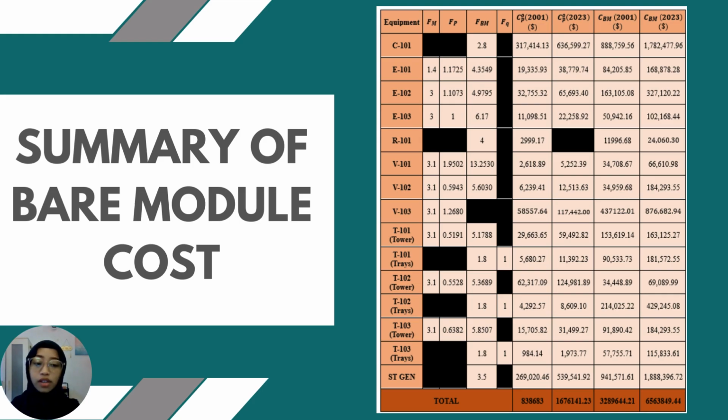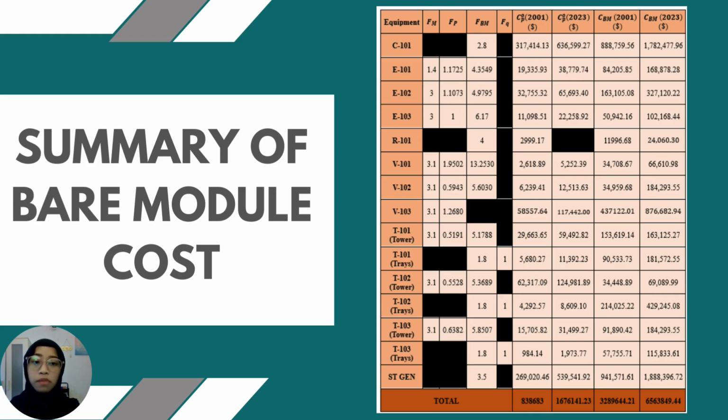In the context of economic costing, we start our costing calculation with the bare module cost. This is the summary of the bare module cost for each design equipment, where you can see in the table that some parts are blank. This is because each equipment has a different equation for the bare module cost.